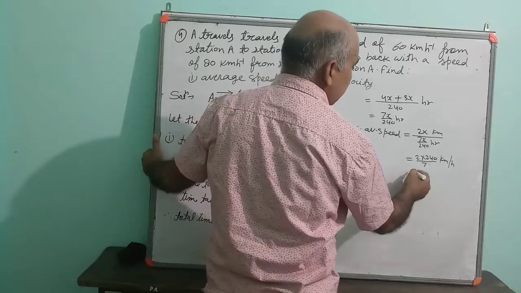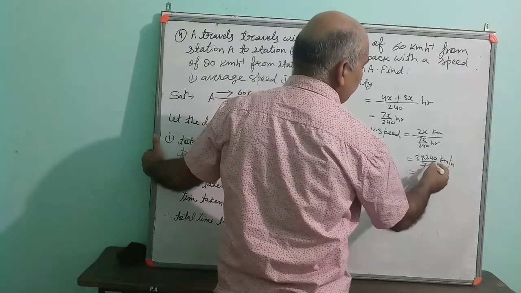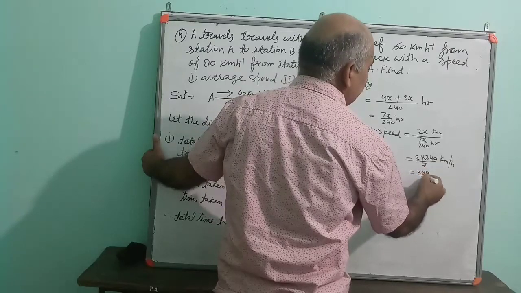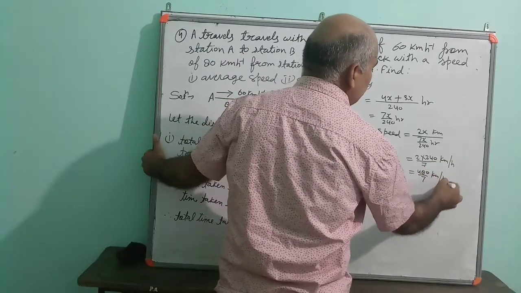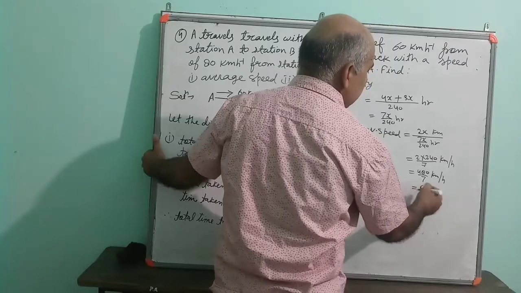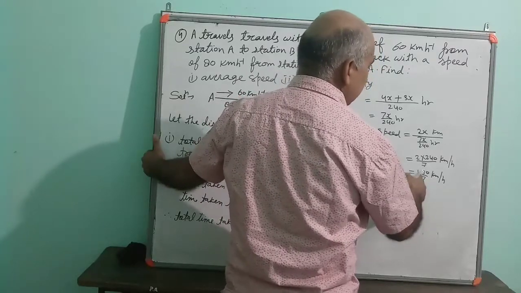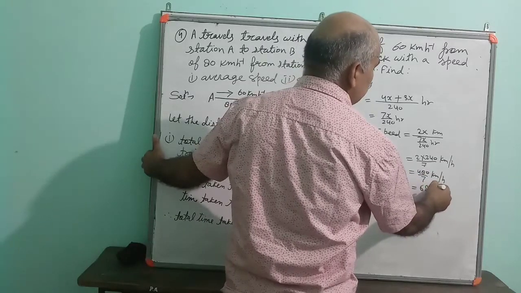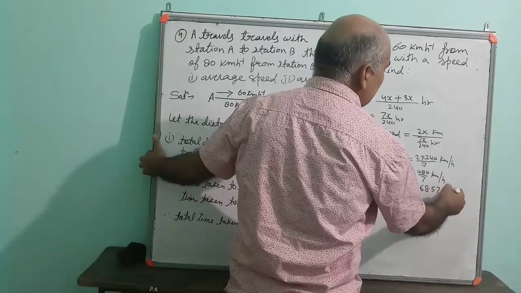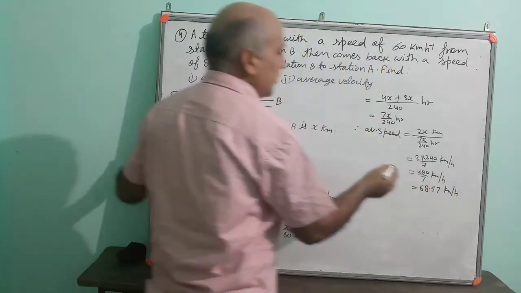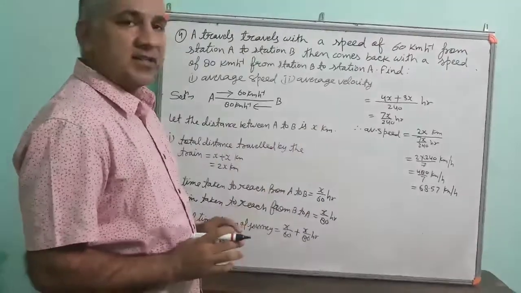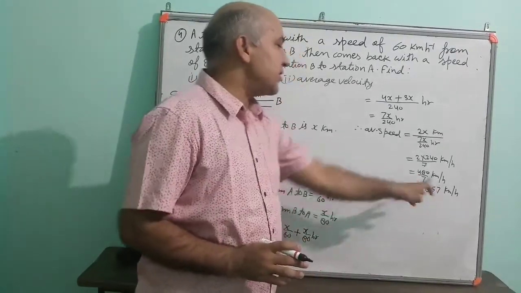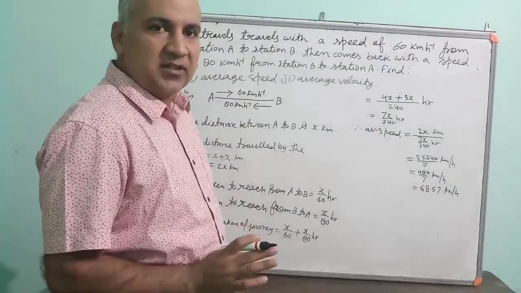Now solve and get your answer. It is 480 upon 7 kilometer per hour. 68.57 kilometer per hour approximately. This is the average speed. When 480 is divided by 7, 68.57 kilometer per hour is the average speed.